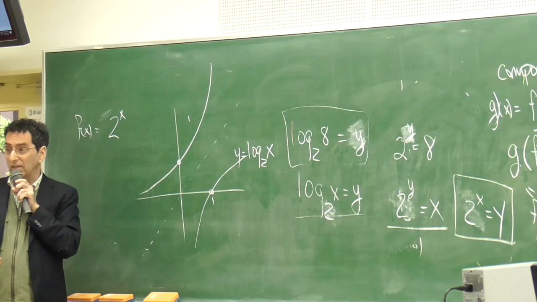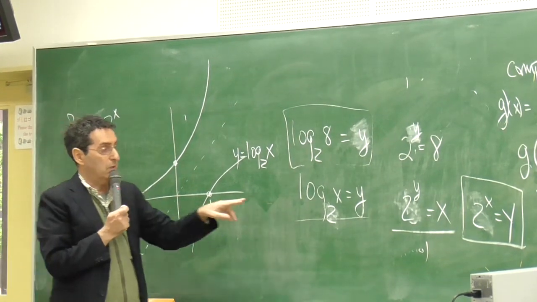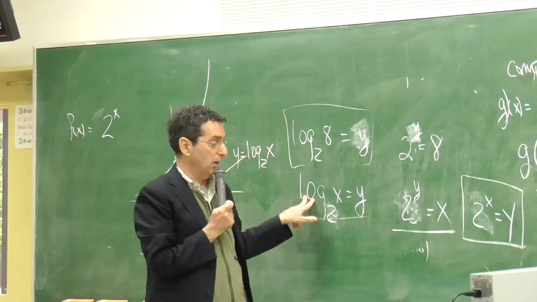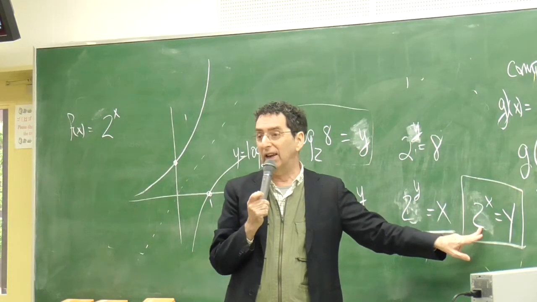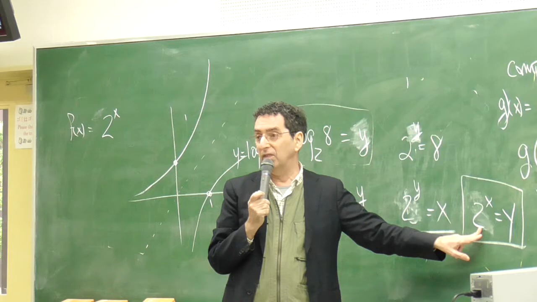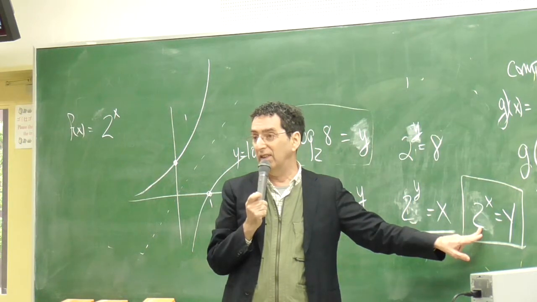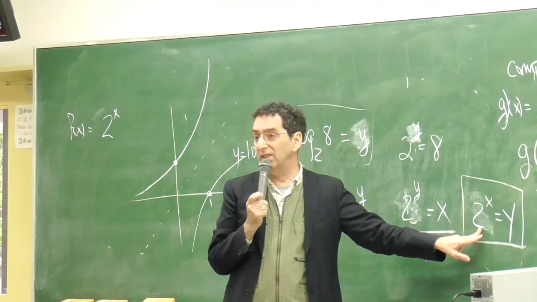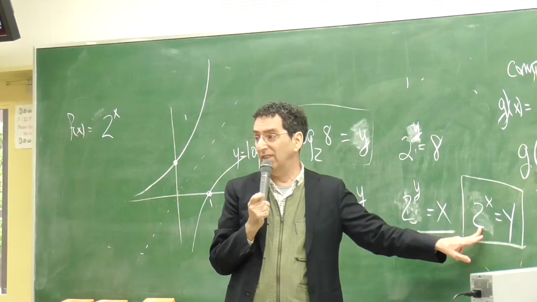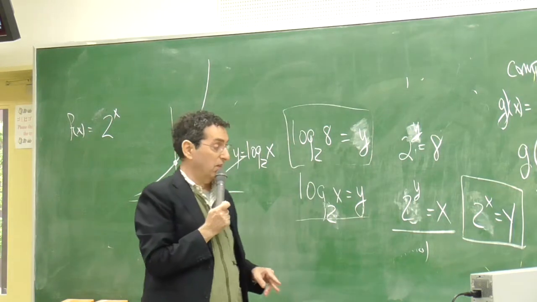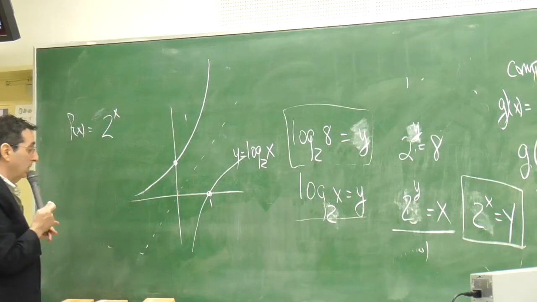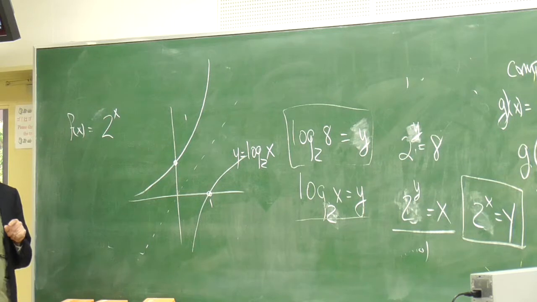And one more thing. If you do these two together, if you do their composition, what are you going to get? They're inverses, so you're just going to get x. So how do I write that? When you write it, it looks kind of interesting, but it really is just saying that one is the inverse of the other.